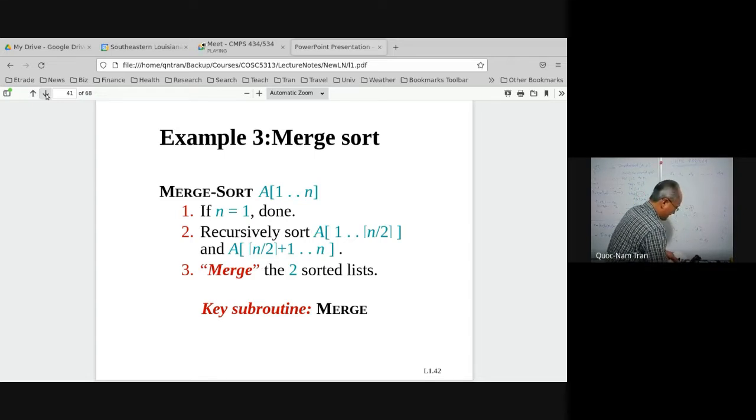While I'm cleaning the board, remind yourself a little bit about merge sort to see if you still remember that.